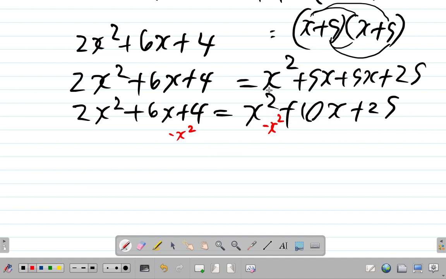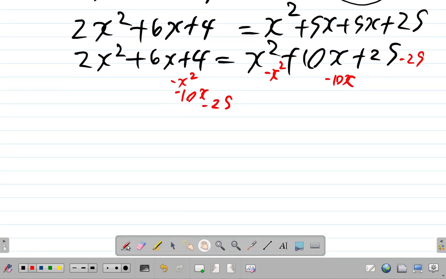It's not that you move x squared over; no mathematical operation, you're going to subtract it. So let me get rid of them. The 10x, you're going to minus 10x from the right and minus 10x from the left. The 25, you're going to minus 25 from the right and minus 25 from the left hand side. So you see.